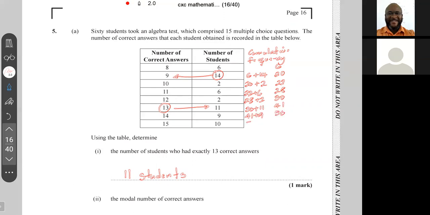And 50 plus 10 is 60. So there are a total of 60 students.